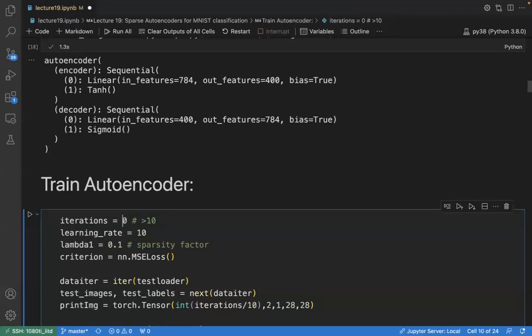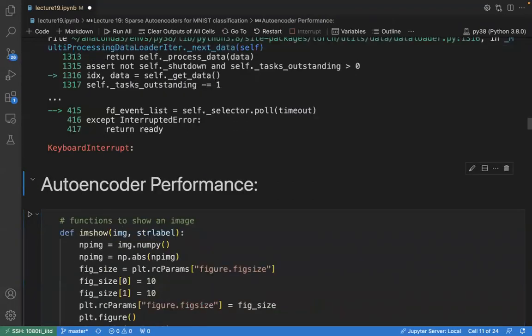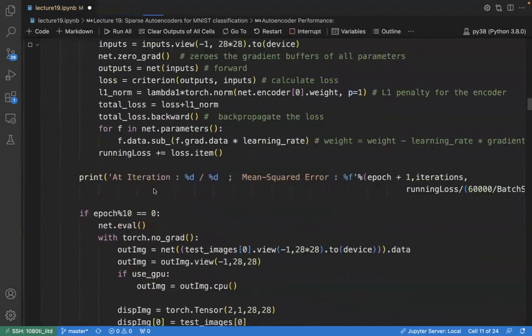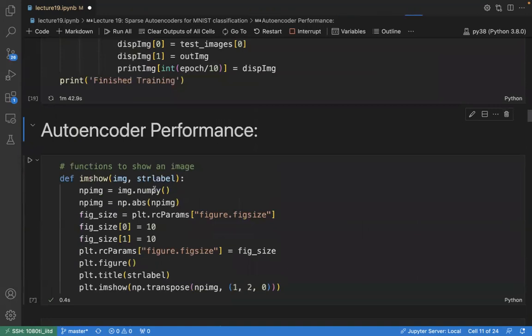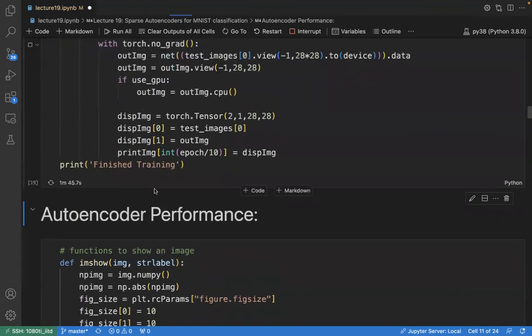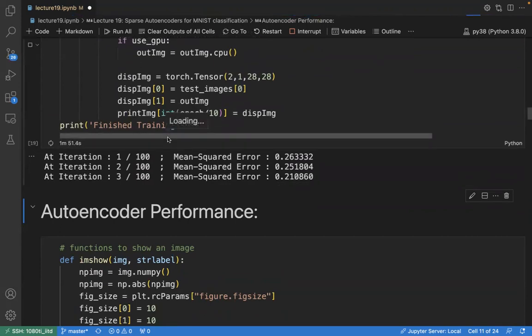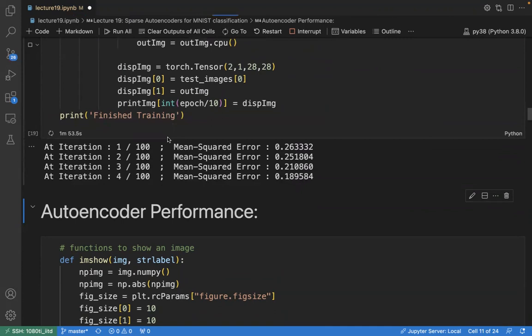Let me make it 100. Let's see what happens now. I have to wait a bit, but I guess we can see if it is working or not. Maybe there is some bug in the code that they provided.